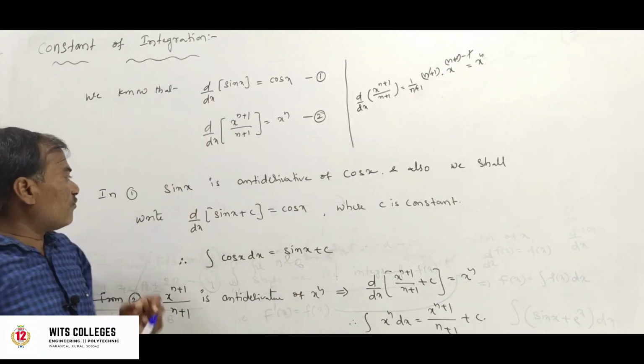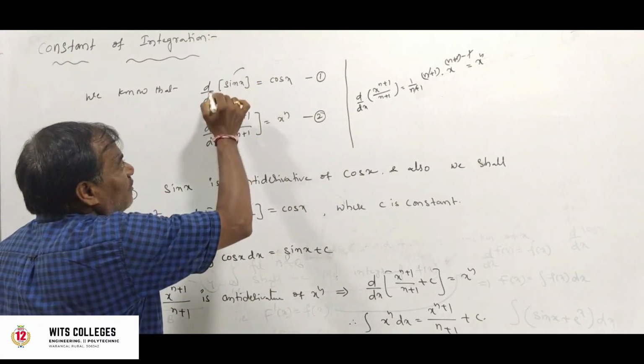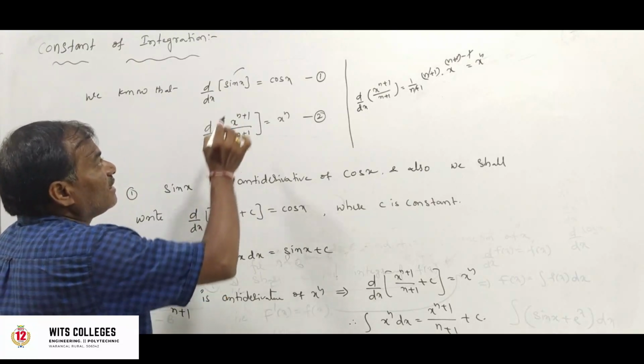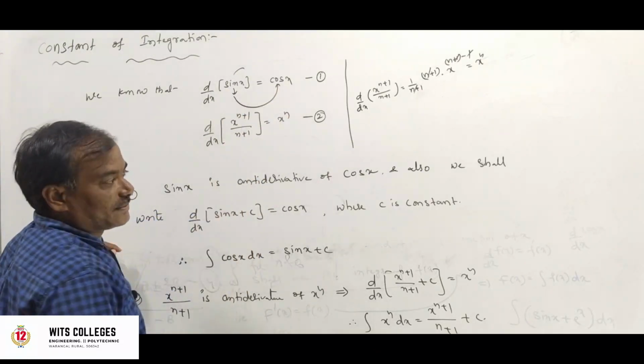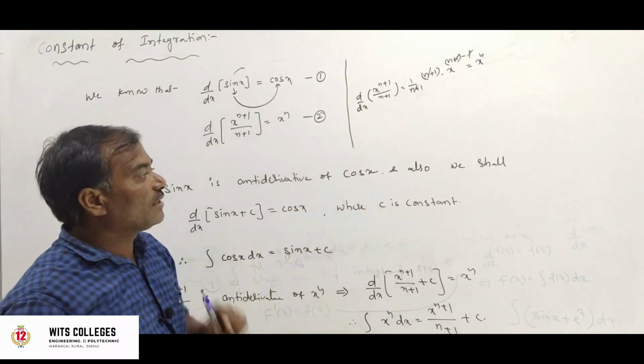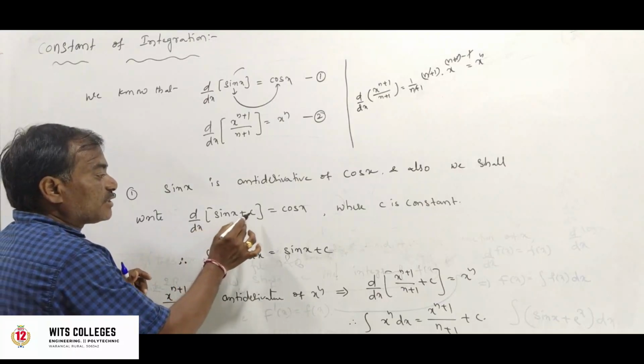From the first, the derivative of sin x is cos x, and this sin x is called an antiderivative of cos x. We can also write d by dx of sin x plus c.